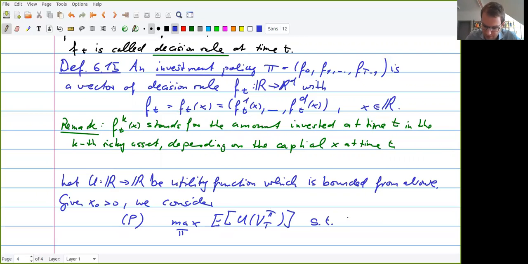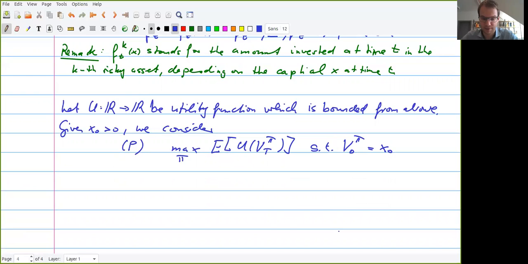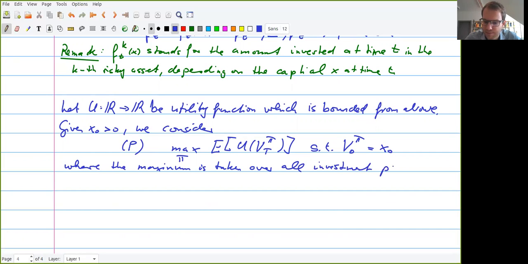And as usual, I want that my initial value is given by my given initial capital. Right, so this is where the maximum is taken over all investment policies, pi.